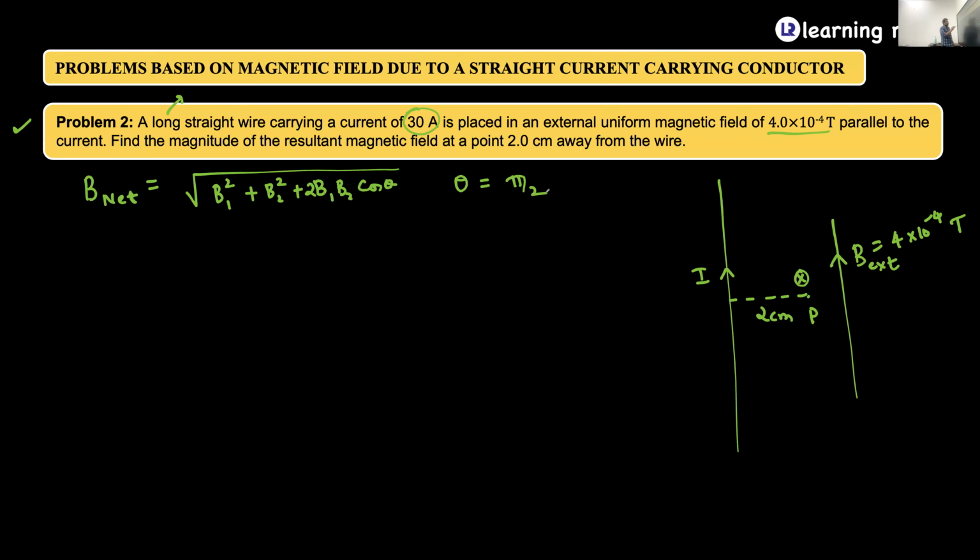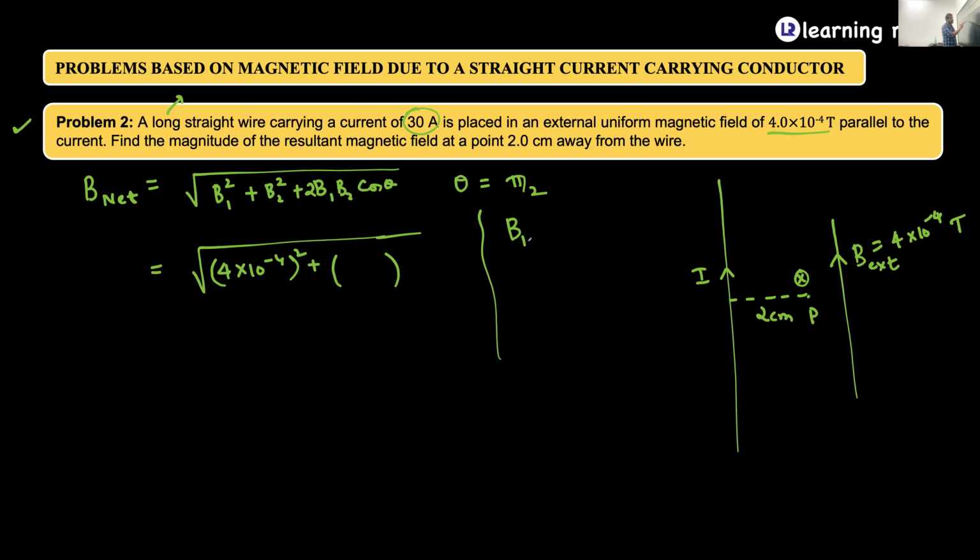B1 square is 4 into 10 power minus 4, the whole square, plus B2 square, which we have not yet calculated, plus 2 times B1 B2 cos 90. Cos 90 is 0, so the third term can be ignored. So it is root of 4 into 10 power minus 4 the whole square plus something square. We'll calculate that value.